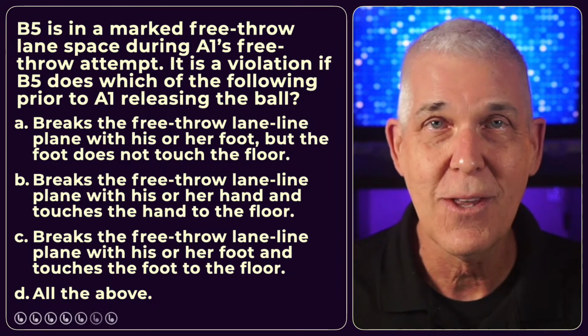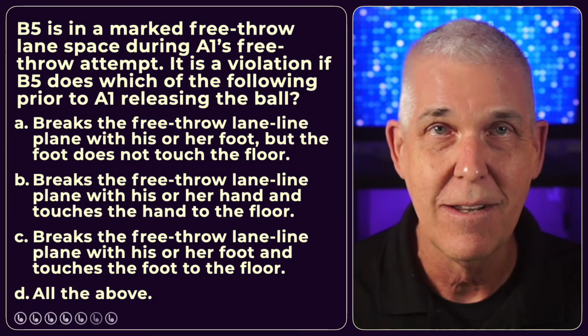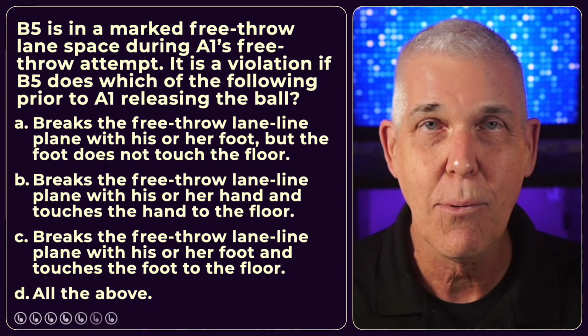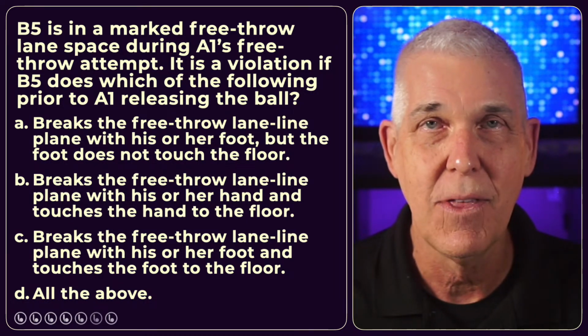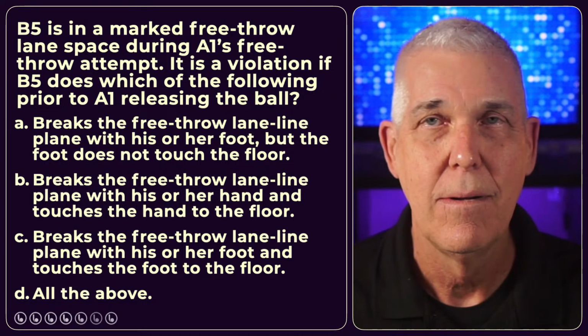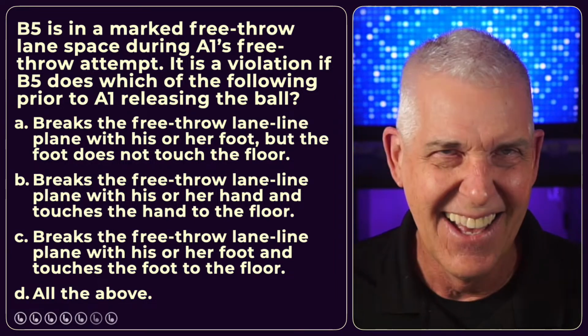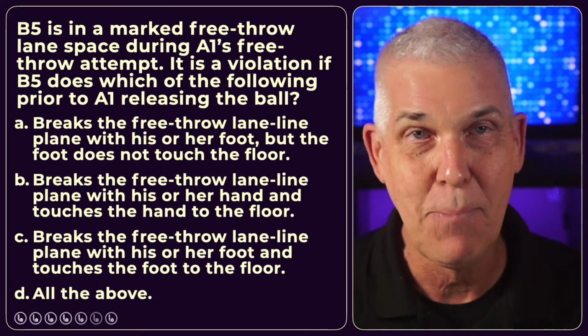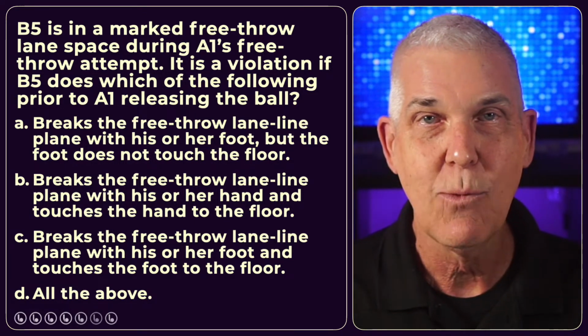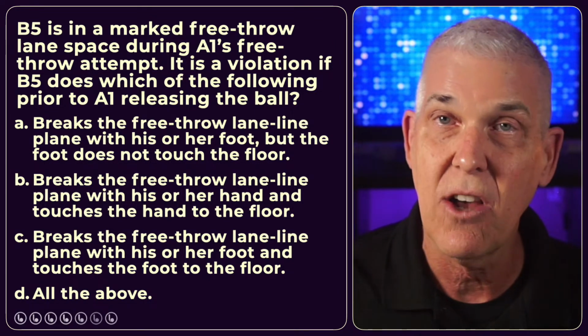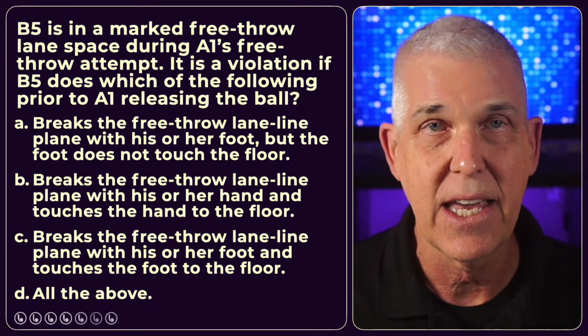If they broke the free throw lane line plane with their foot prior to the release of the ball, that's a good question. Yes, I believe that would be a violation. B, breaks the free throw plane with his or her hand and touches the hand on the floor. That is definitely a violation.